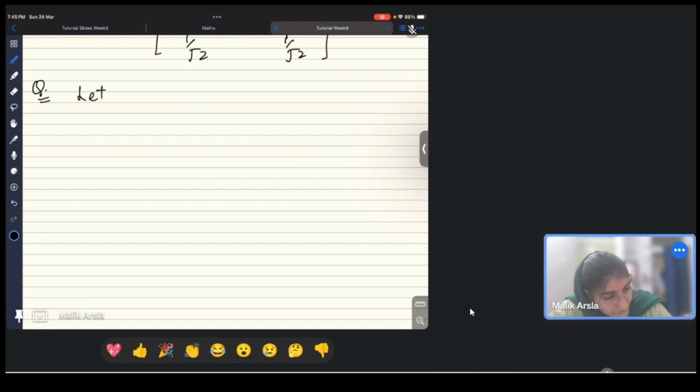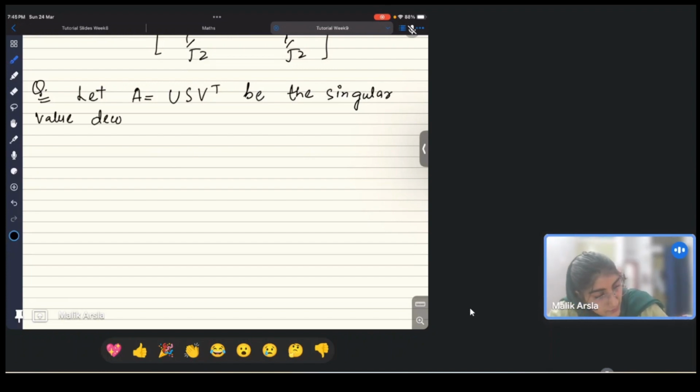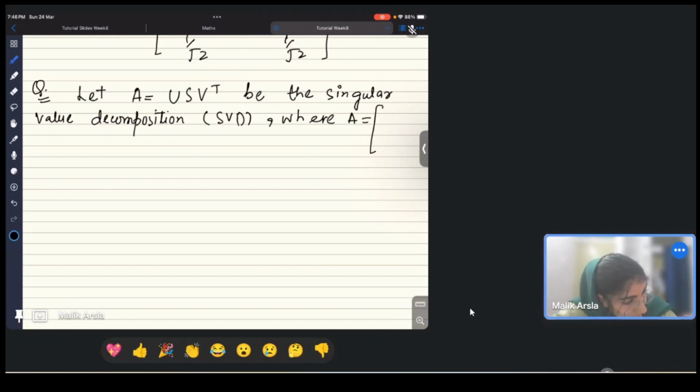So the next question is, let A is equal to U S V transpose be the singular value decomposition, where A is a rectangular matrix, and S is equal to 7.3485 0 0 0 0 and 0.